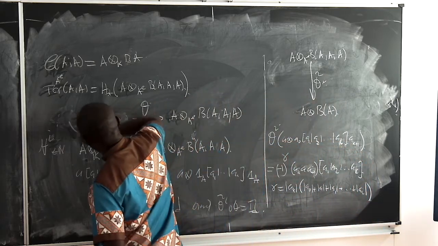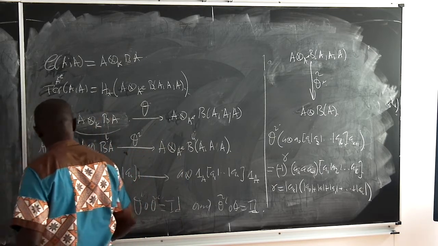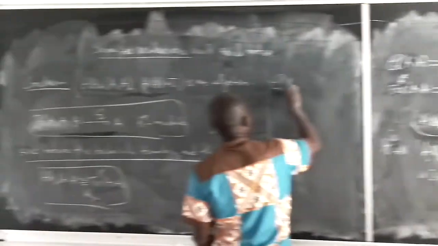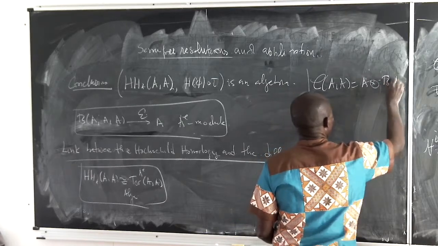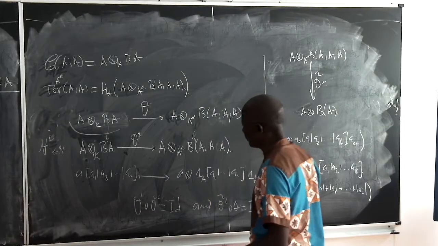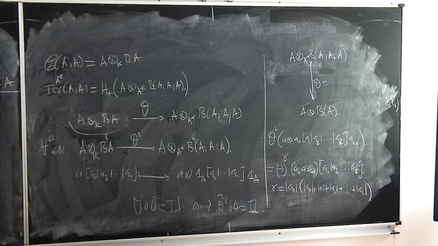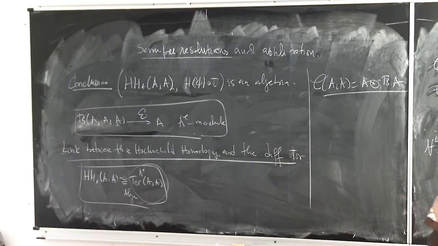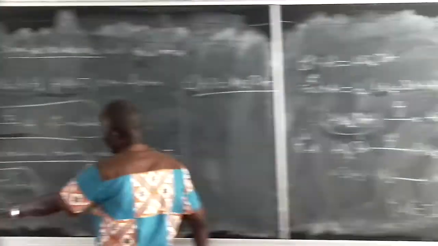The left side is exactly the Hochschild chain complex, and the right side, sorry, is the one defining this. So by taking the homology here and the homology here, we have the Hochschild homology.